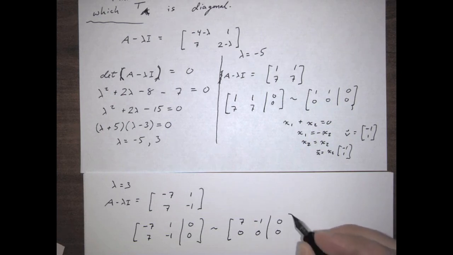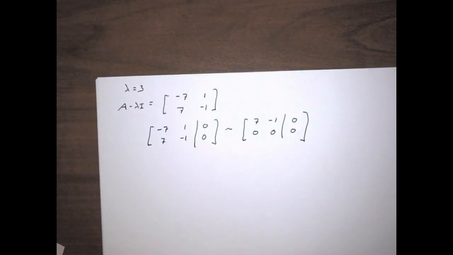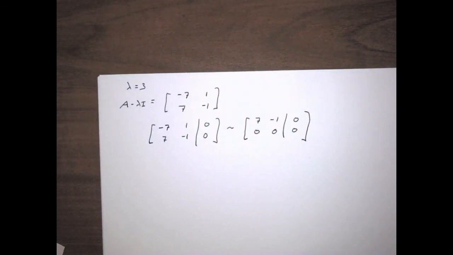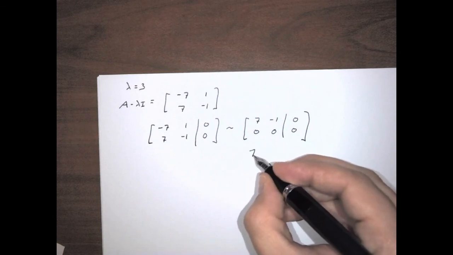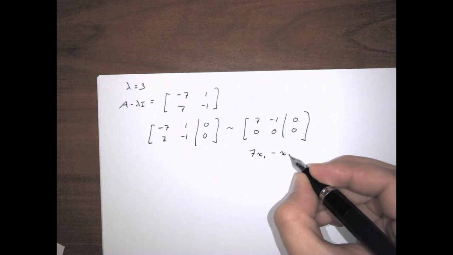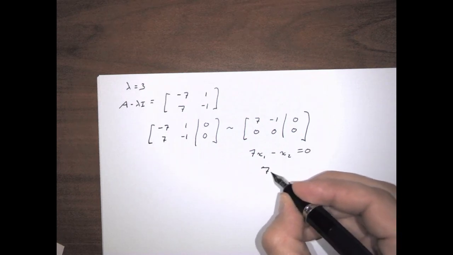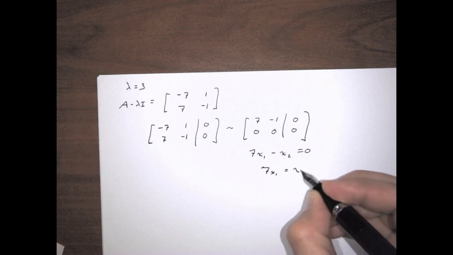So here we can just clear out the top. I don't like that negative. Basically, you can think of it as scaling it by a negative 1 here. And now let's think about what this means. This means 7x1 minus x2 equals 0, which means 7x1 equals x2.